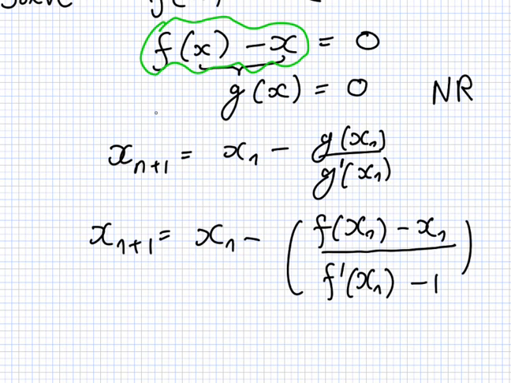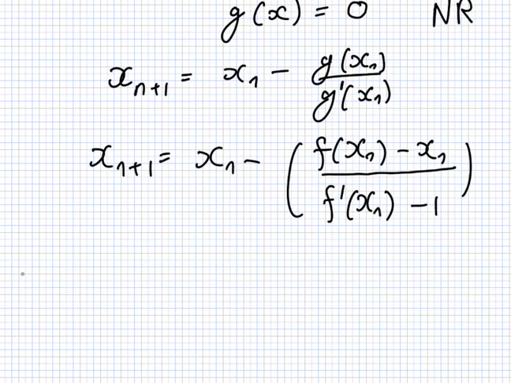Now, you might think, okay, so that's it. That's the new formula for our fixed point. We can use this formula to find the fixed point, and it looks a lot like Newton-Raphson, but in fact, we can simplify this formula.